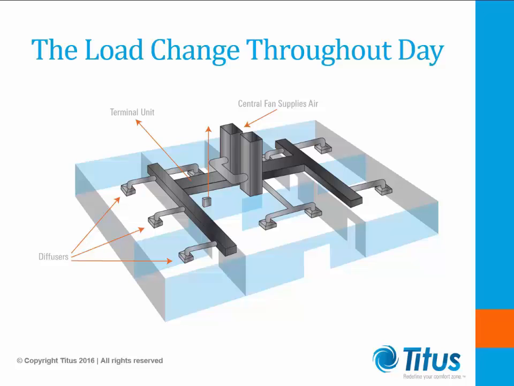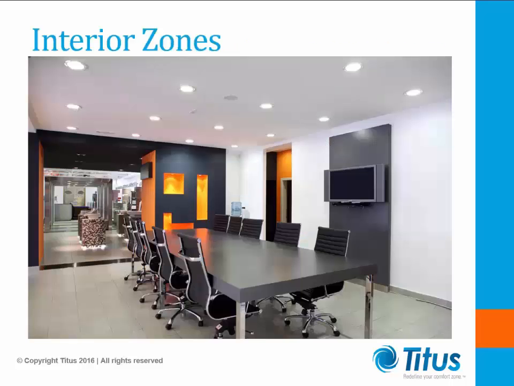When you're in a perimeter zone, if you're in a cold environment, you don't have the sufficient heat to overcome the load just by using a regular VAV box. So electric heat or hot water heat is added to a particular zone in order for you to be able to control or provide adequate comfort in that particular zone.